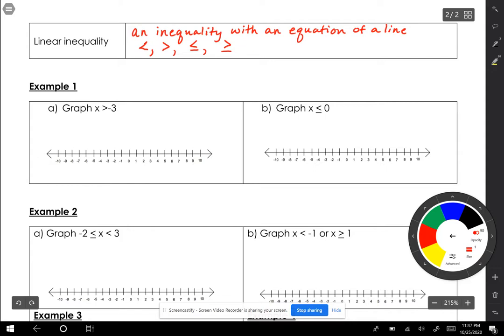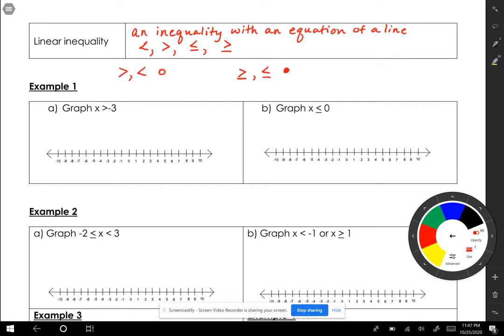So hopefully memories of Algebra 1. When we're graphing linear inequalities, for less than or greater than, we use an open circle to graph on the number line. For less than or equal to or greater than or equal to, you're going to use a solid, closed circle. Just remember, a line underneath the inequality means you use a closed circle.